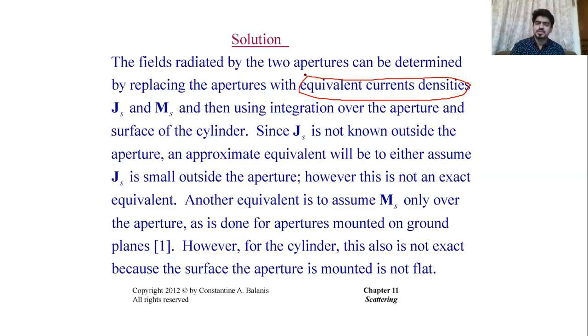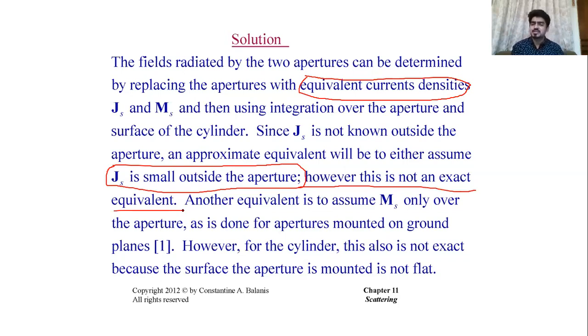What we can do is assume that Js is smaller outside the aperture and ignore it, and we know that this is not the exact equivalent. Another equivalent is to assume that Ms exists only over the aperture, as done for apertures mounted on the ground plane.